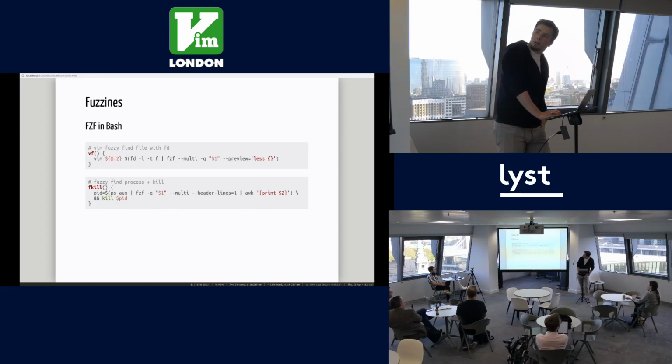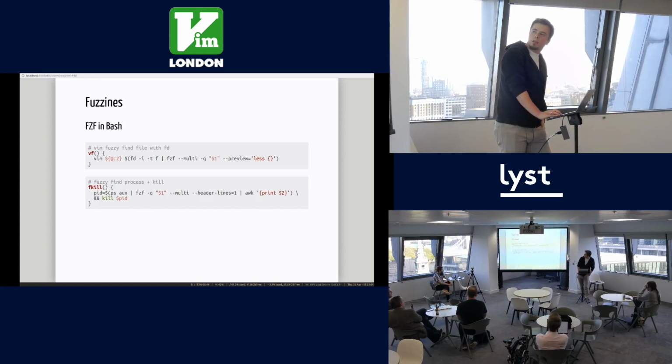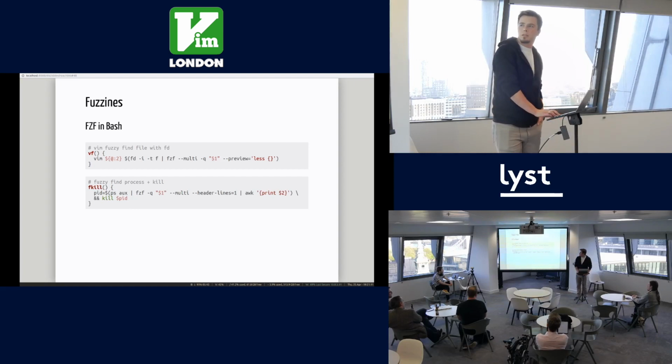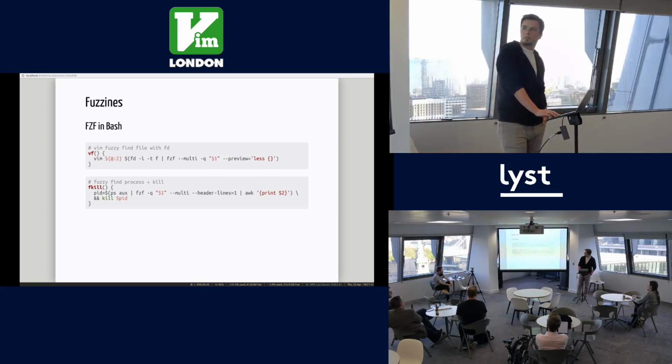I use FZF in Bash. Here are some functions that I have. VF allows me to type, say I have a file with a very long name, VF and a few letters from the file name, press enter, and pick the file from a list or open the first one if there is only one match.